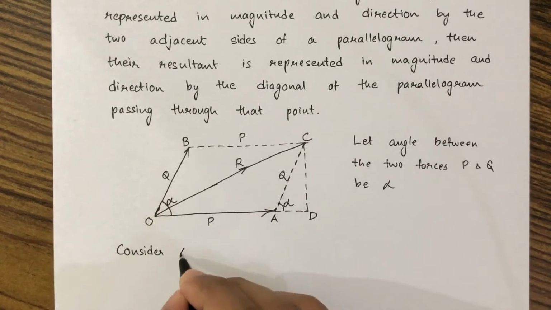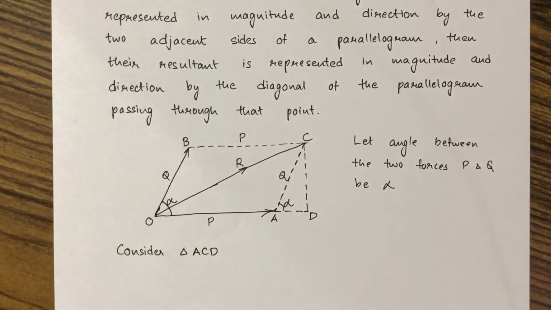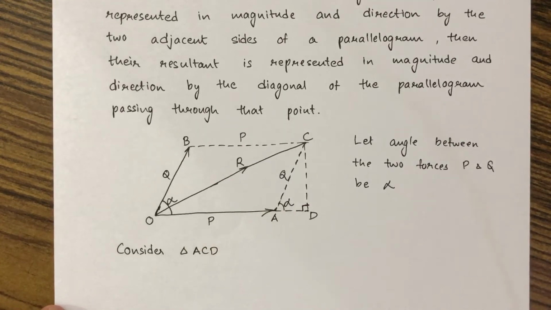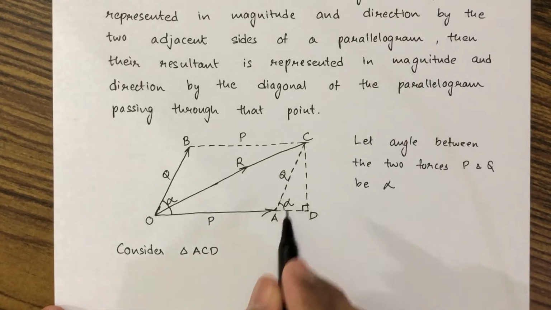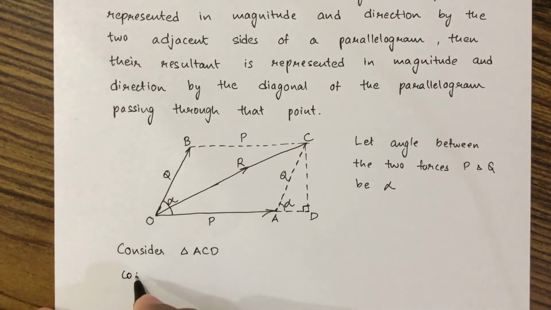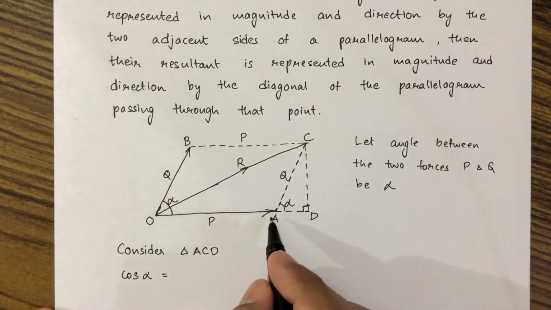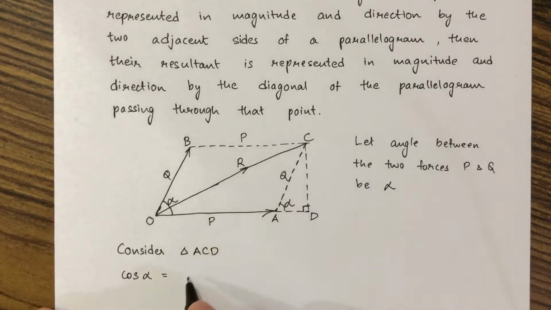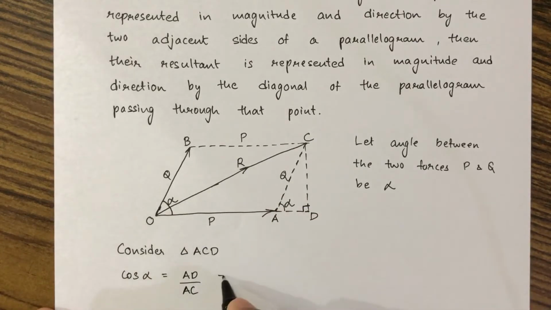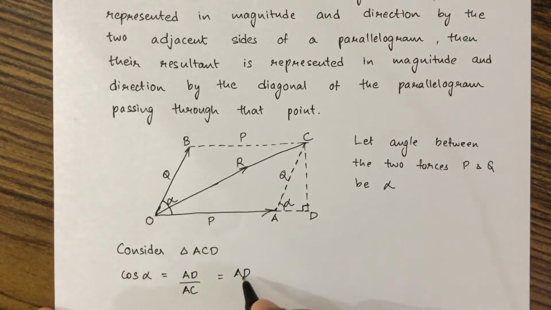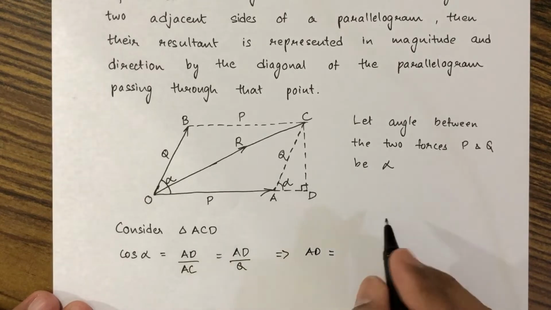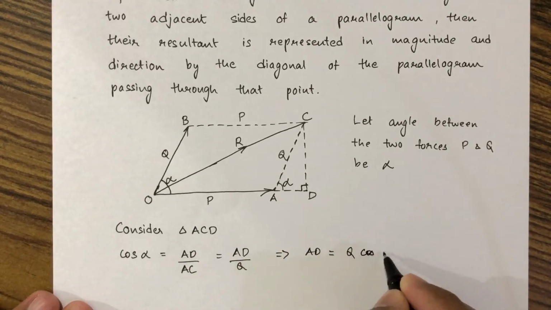In this triangle ACD, it is actually a right angle over here, and this angle is given as alpha. So cos alpha is what? Cos alpha is adjacent upon hypotenuse. So here adjacent is AD and hypotenuse is AC. That is AC is given as Q. So AD upon Q. So we will get AD is equal to Q cos alpha.